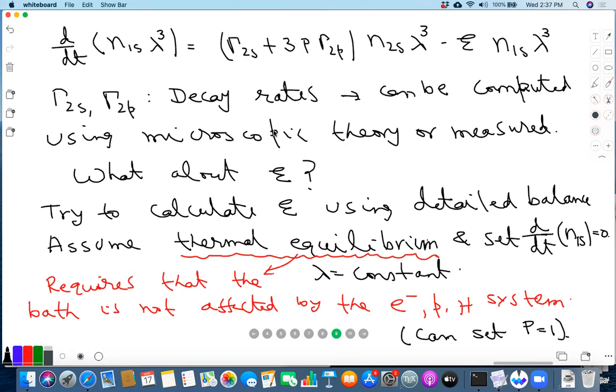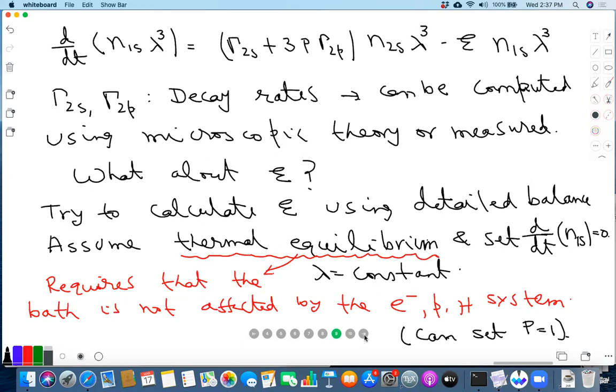In other words, the number of Lyman alpha photons being produced by this capture process we assume is much smaller than the number of thermal photons of this energy that is present. This is of course not true in the system that you are dealing with, but it's only in equilibrium that you can apply this.